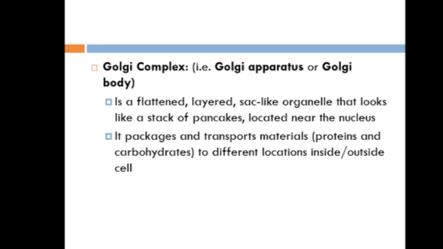Kwa hiyo Golgi apparatus is the one that is responsible to transport these proteins and carbohydrate to different locations inside and outside the cells. Ile protein ikishatengenezwa pale na kuwa transported kule for the process of what? Respiration takes place. Kwa hiyo it is the Golgi complex that is responsible to transport protein and carbohydrate to different locations inside and outside the cell.